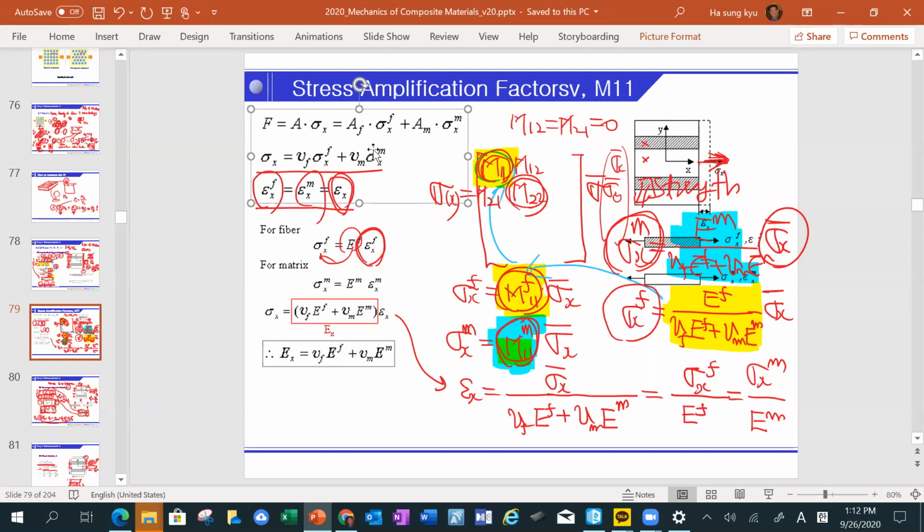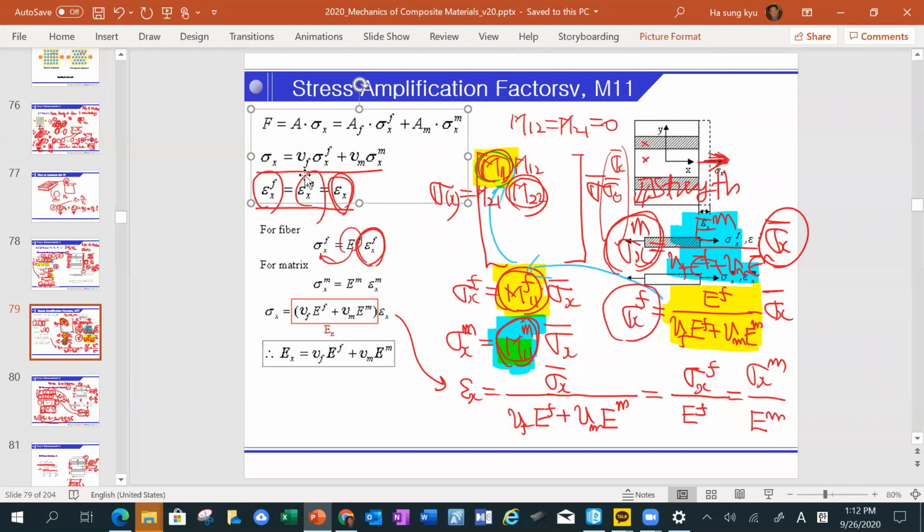These are the equations of the rule of mixtures. Very simple, but very important equations to understand the behavior of the composites.